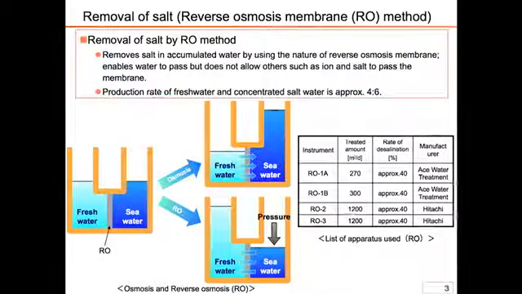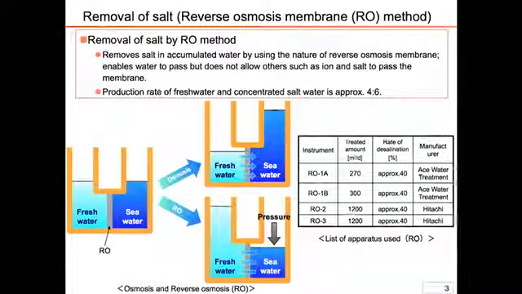Accordingly, the rate of production of fresh water to concentrated salt water is approximately 4:6. We can produce approximately 400 cc of fresh water from 1 liter of contaminated water. Today, 4 types of desalination plants have been installed. The processing capacity of RO-1A is 270 cubic meters per day.